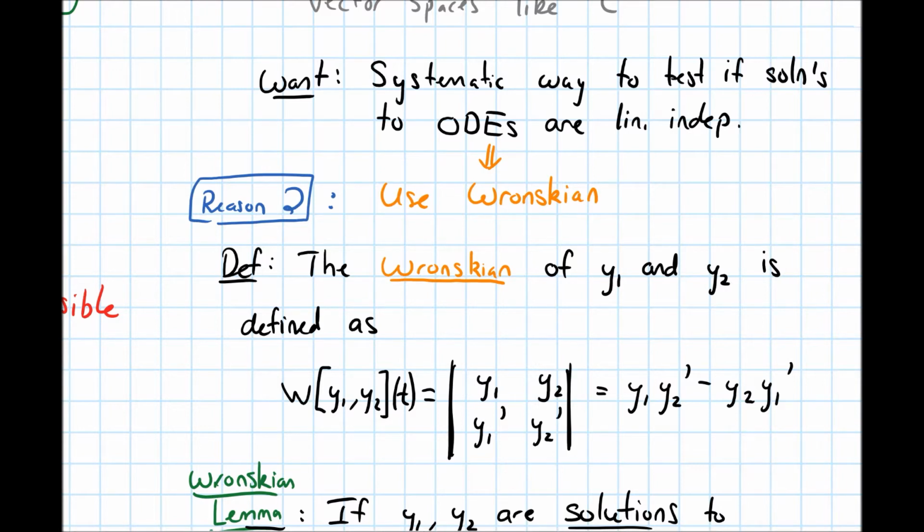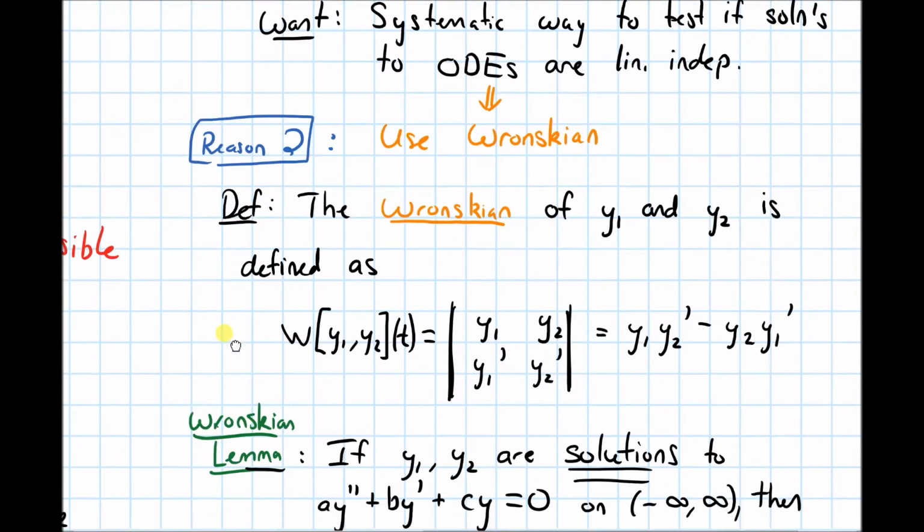Next, I want to state a key lemma. A lemma is sort of like a smaller theorem that will connect how this Wronskian is useful for testing if solutions to ODEs are linearly independent or not. So here is the lemma.